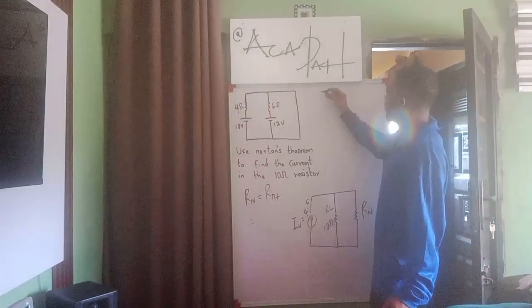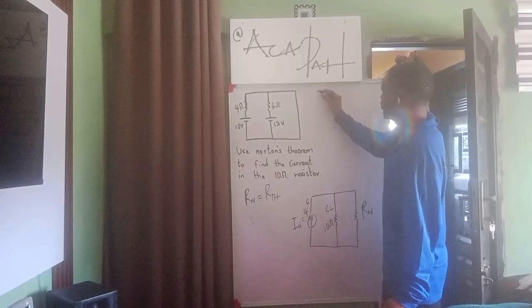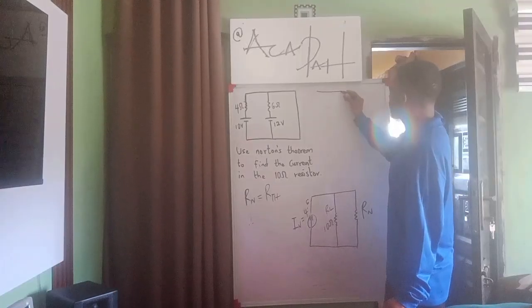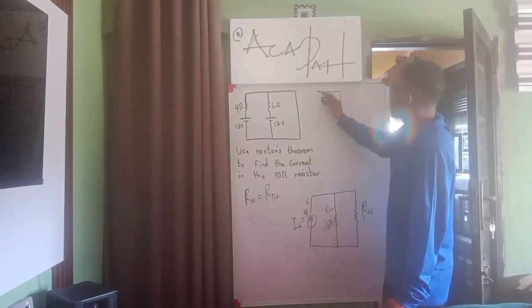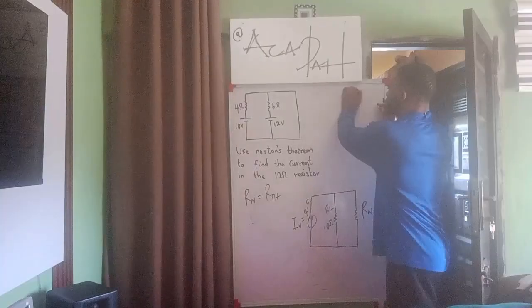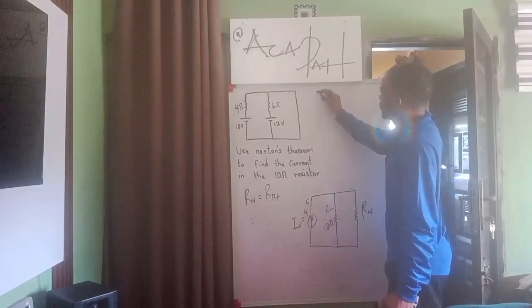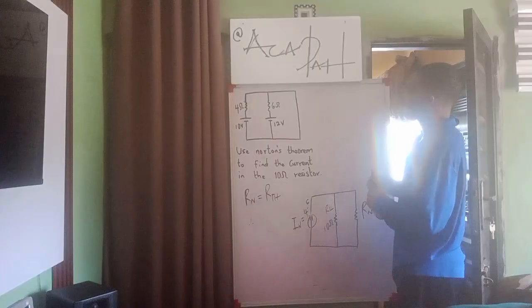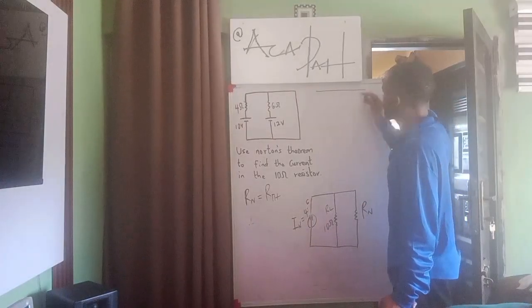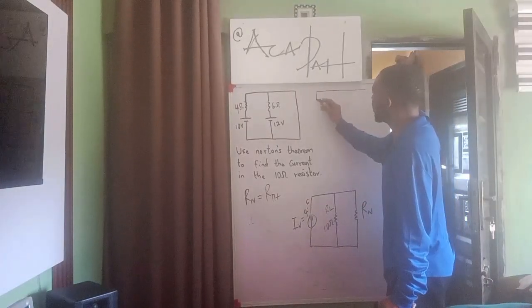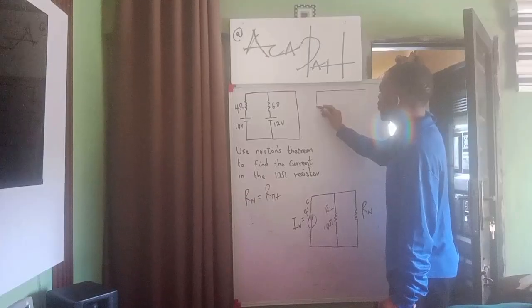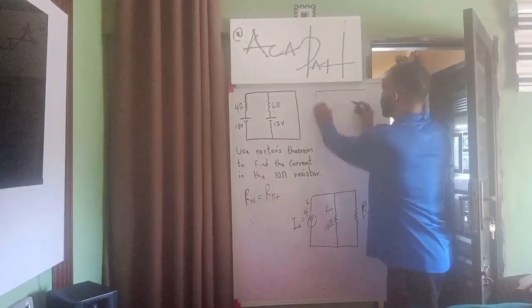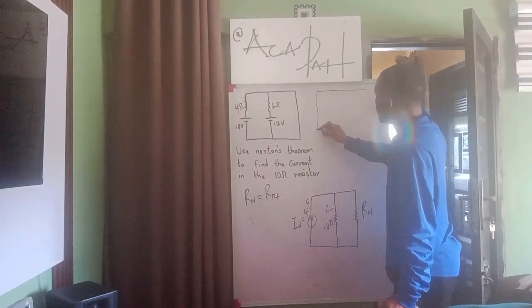So let's say I come here and redraw the whole resistor circuit as I have this. Let's do it this way. If I have this circuit, you will remove every voltage. So all the voltage here will be short circuited.